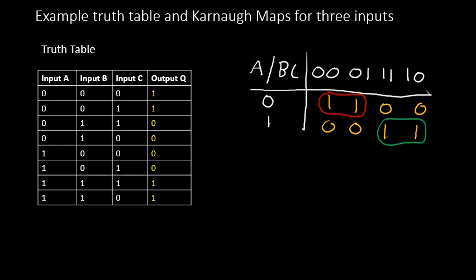So if it's not A and it's not B, we can say this is going to be 1. It doesn't matter what C is. So for this case here, it's going to be not A and not B.